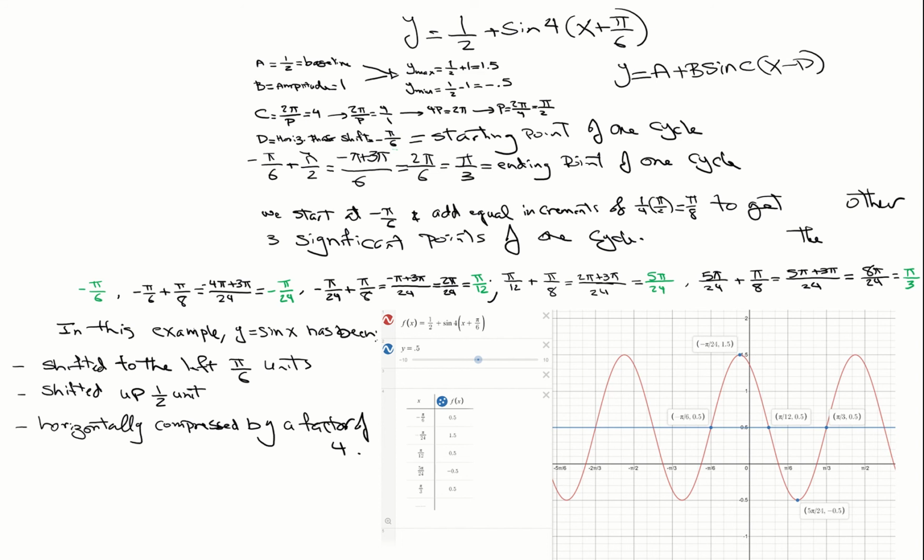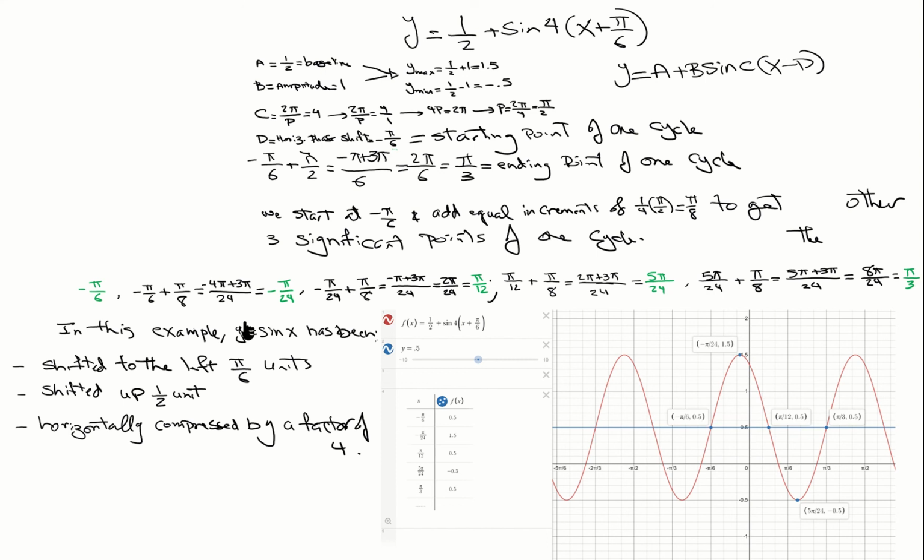So we draw the center line, and we know that a standard sine curve is going to start at the baseline, then go to a max point, then back to the baseline, then to a min point, and then back to the baseline. And of course the values here indicate that.